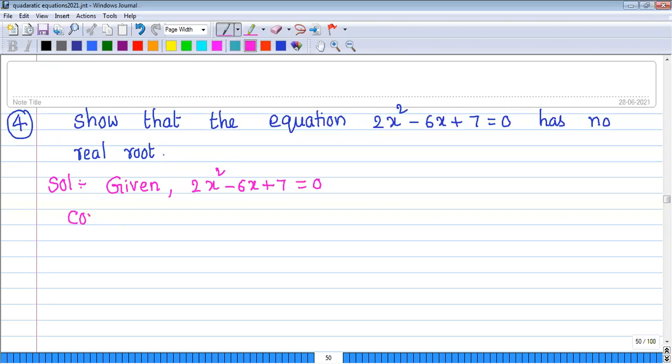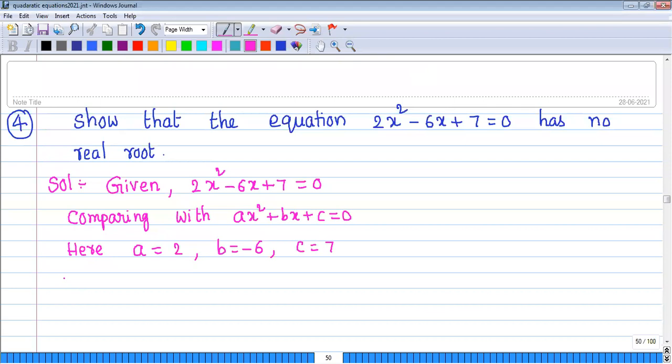So comparing with ax square plus bx plus c equals to 0, here a equals to 2, b equals to minus 6, c equals to 7.